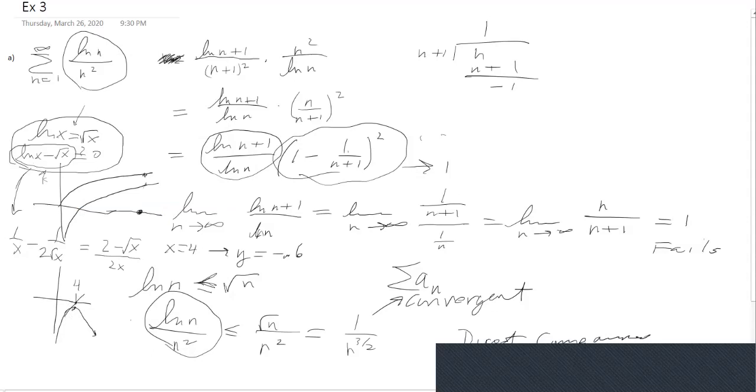And you could notice this is the derivative. If x is bigger than 4, then this is bigger than 2, so it's negative when you get past. So it is decreasing over here and increasing here.